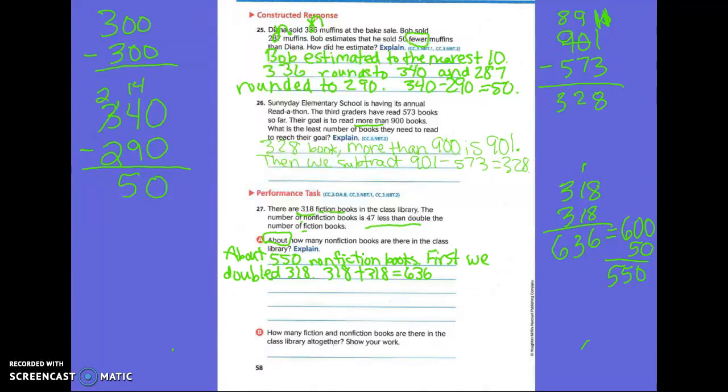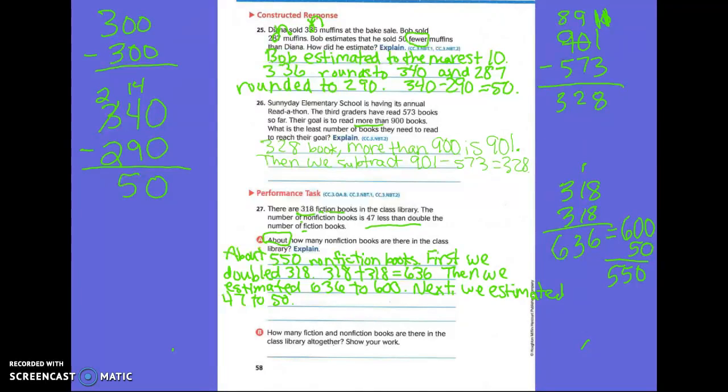Okay, once we got 636, what did we do next? We estimated that 636 was 600. Okay, thank you. Next, what do we do? We estimated 47 to 50. Write that down. Then what did we do?